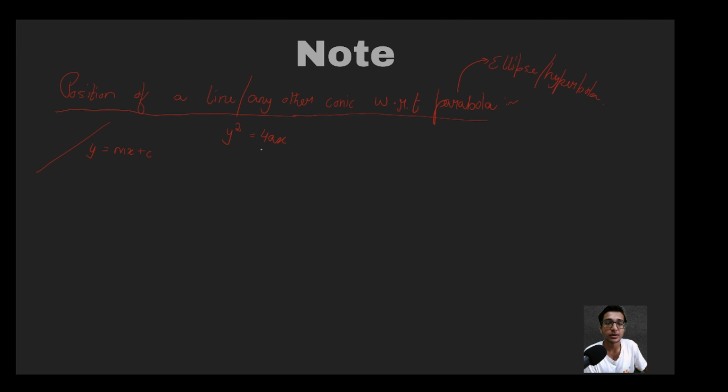What are the possibilities that can happen? Firstly, if this is my parabola, the line may cut the parabola at 1 point or 2 points, it may intersect, or the line might become a tangent to this parabola, or the line might not touch the parabola at all. So these are the 3 possibilities. How can we find out?